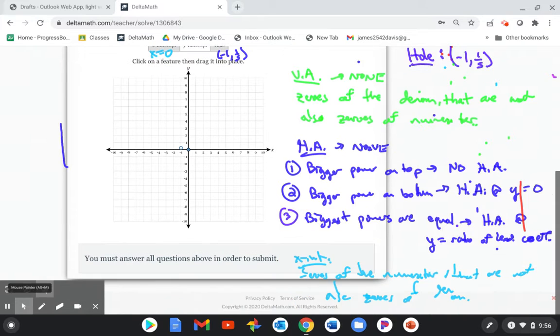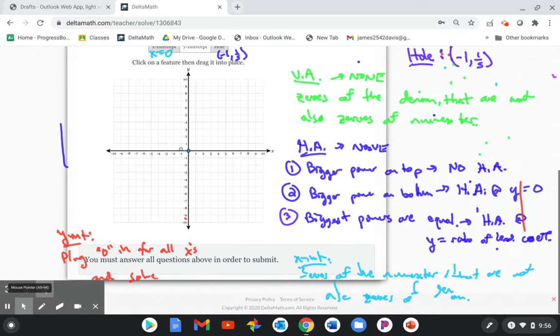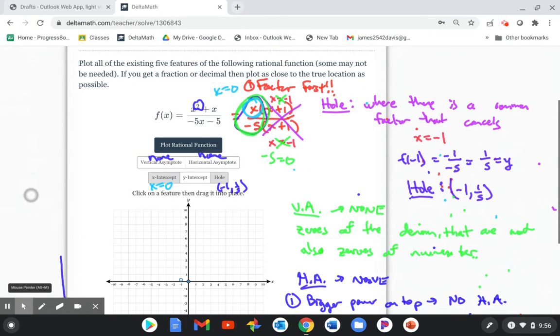If you remember y-intercept, you simply just plug 0 in for all x's and solve. Probably the easiest one in most cases. Just plug 0 in for the x's.